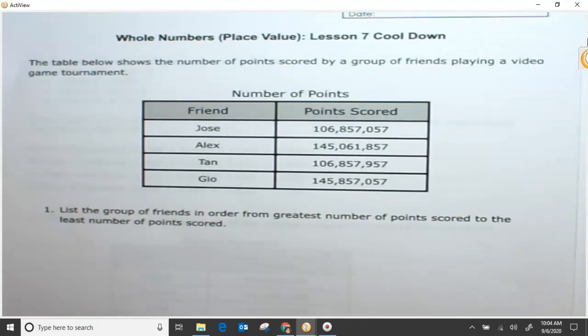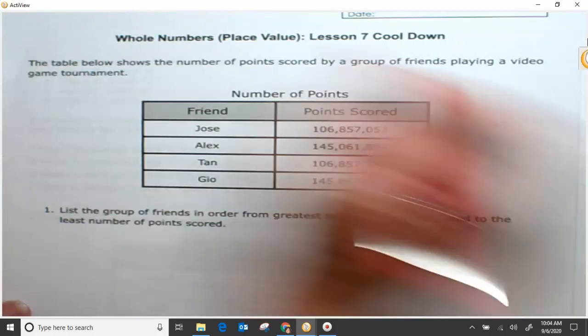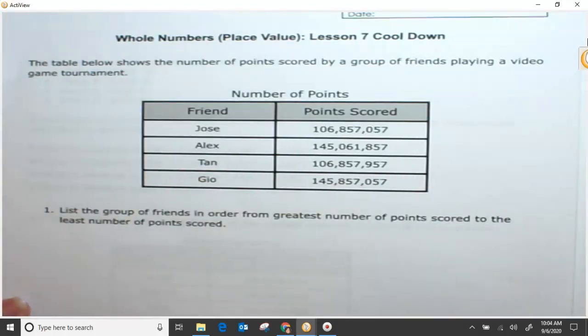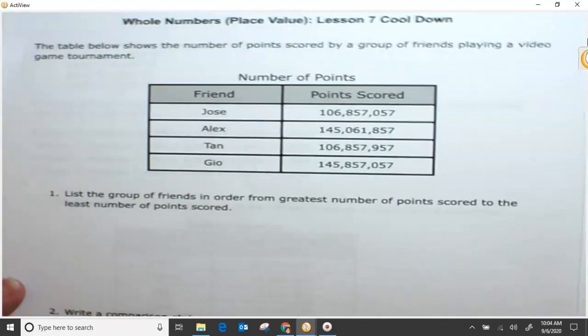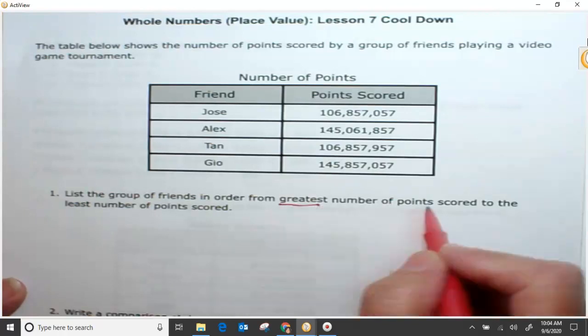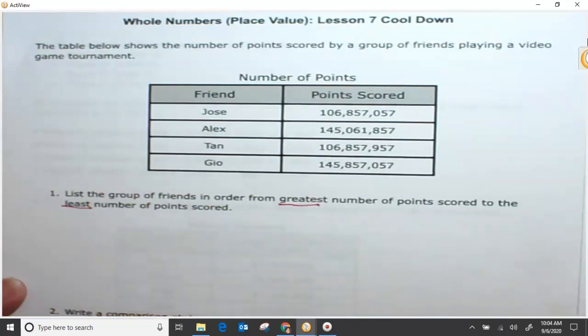The table below shows the number of points scored by a group of friends playing a video game tournament. Okay, so you got this information here, but the questions come after it. List the group of friends in order from greatest number of points scored to the least number of points scored. So what are you doing? Greatest to least. Okay.